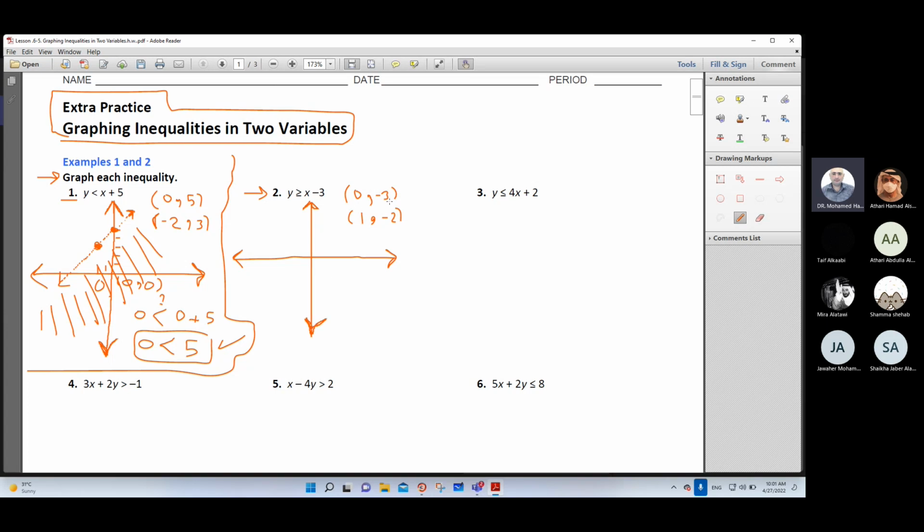So (0, -3). Then 1 in x and -2 in y will be here.